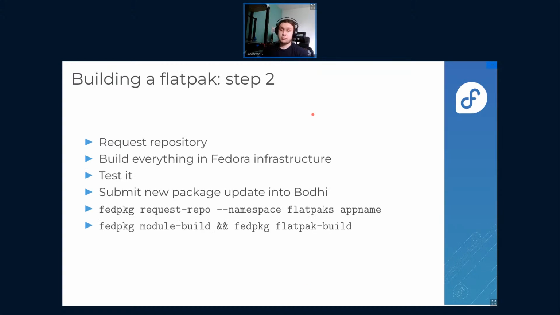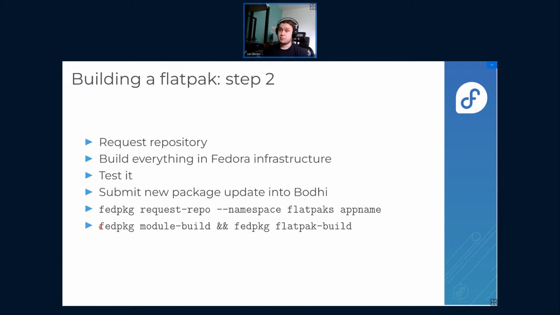We need to request the repository, push everything to that, and build everything again, but this time in Fedora infrastructure. It's because Fedora infrastructure needs to check if everything is okay. Once the Flatpak is built in the infrastructure, we can test it, and in case everything is okay, we can submit a new package into Bodhi.